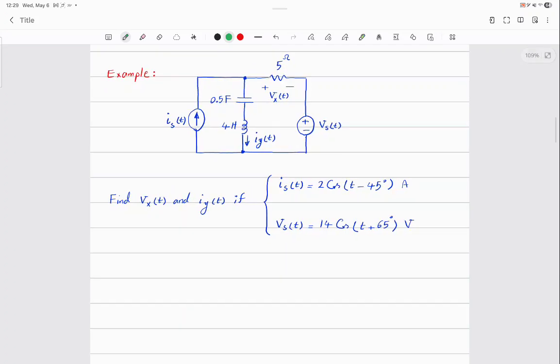So what is the first step? Transform everything into phasor domain.